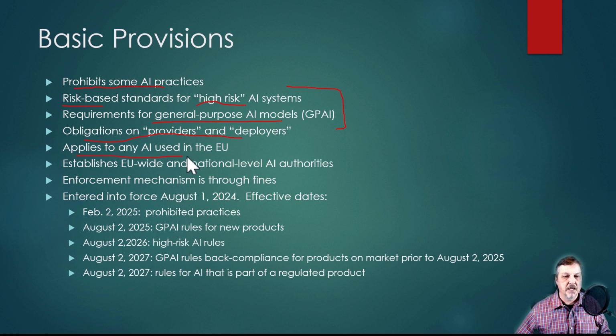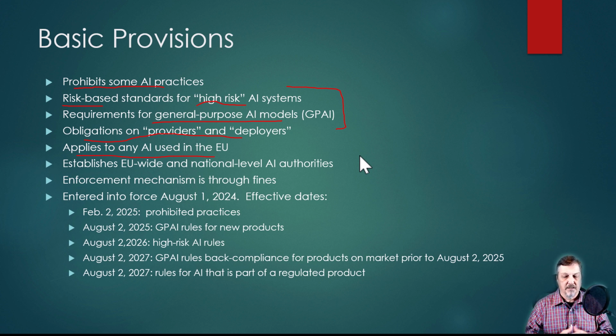The AI Act applies to any AI used in the EU and relating to EU citizens, and the same thing is true of the GDPR. So the GDPR has a kind of extraterritorial effect.